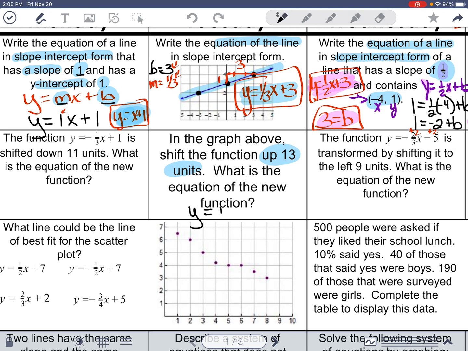So we leave the slope 1/3 x. 1/3 is the slope. The only thing that changes is the y, where this line crosses the y-axis, goes up 13. So we add 3 plus 13 and we get a positive 16. We just rewrote this linear function by shifting the original up.